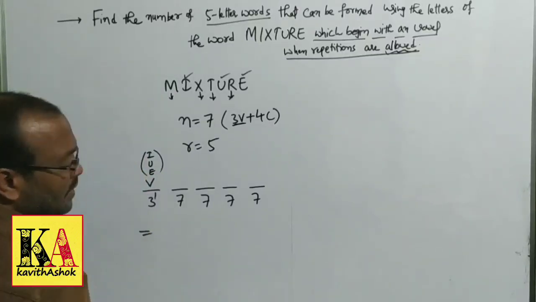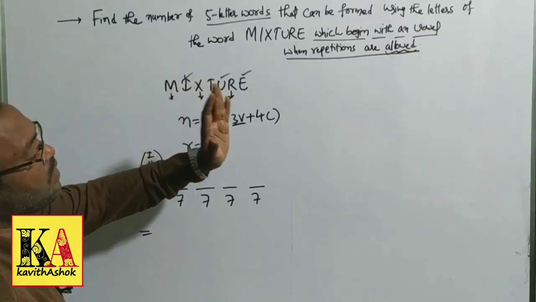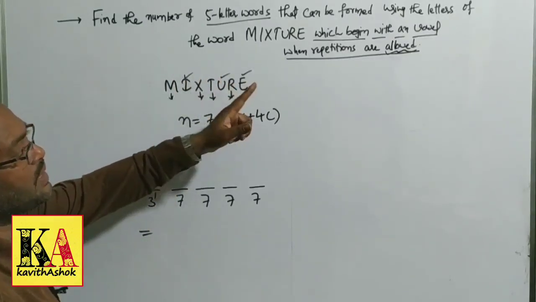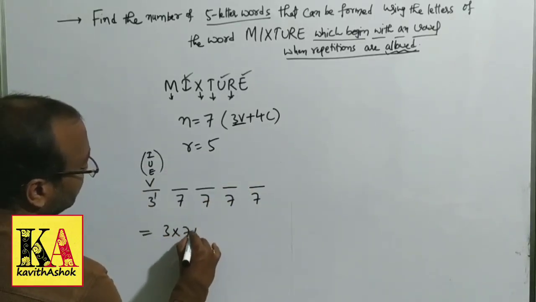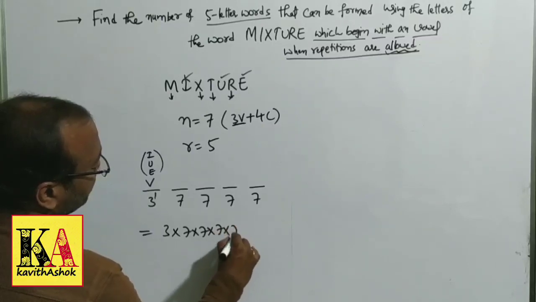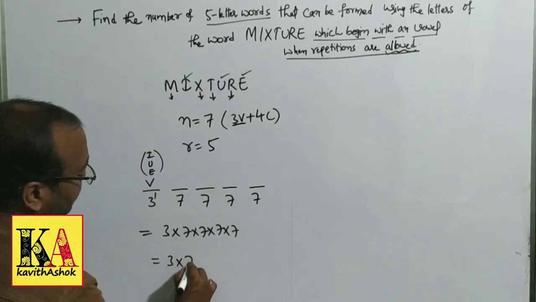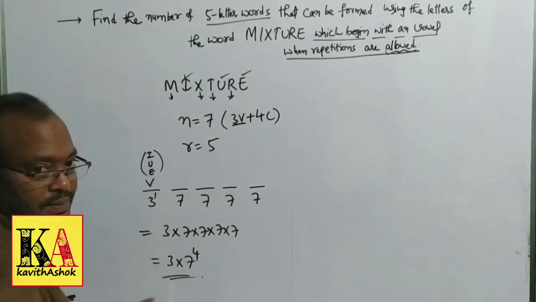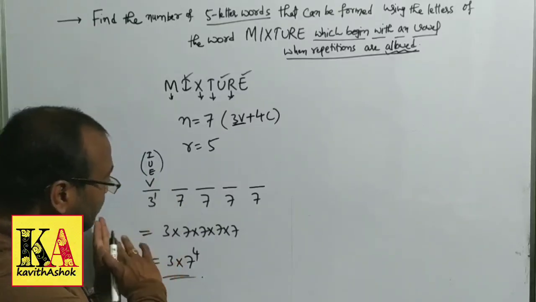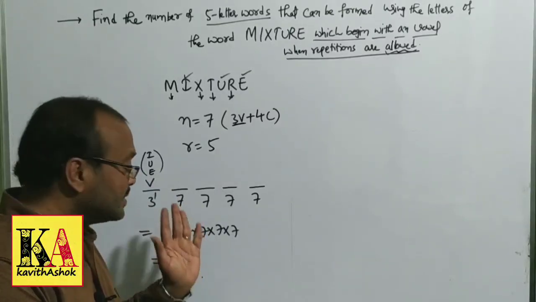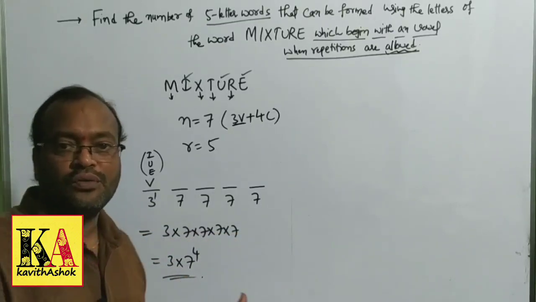By the fundamental principle, the number of 5-letter words that can be formed using the letters of the word MIXTURE which begin with a vowel is 3 into 7 into 7 into 7 into 7, by the fundamental theorem of multiplication. This is 3 into 7 to the power of 4. No need to simplify. If repetition is allowed, our whole problem changes, so concentrate on what is given. Finally our answer is 3 into 7 to the power of 4.